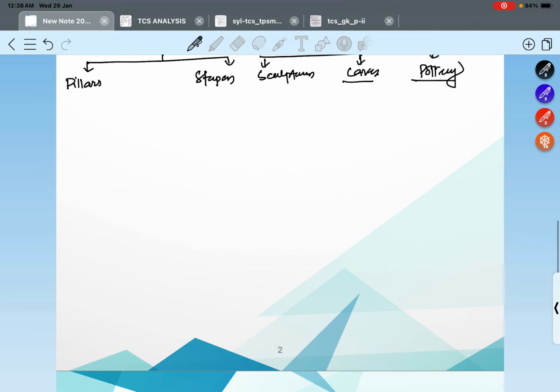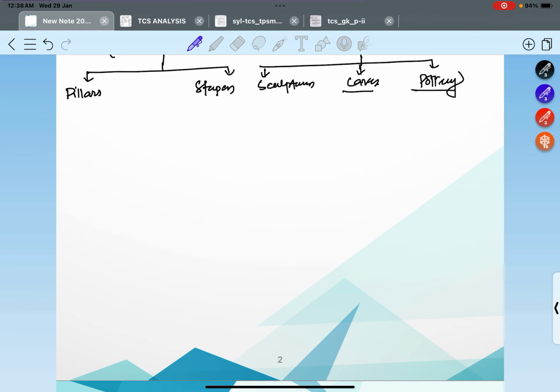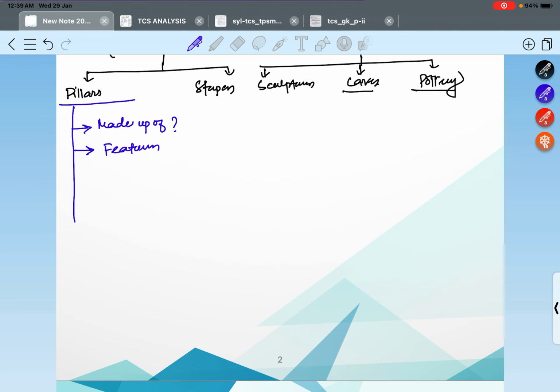Now, how much detail you have to cover? That I'm going to tell you now. Suppose let me take pillars. From the pillar section, how to study it. Now pillars are made up of what? What are the features of that pillar?